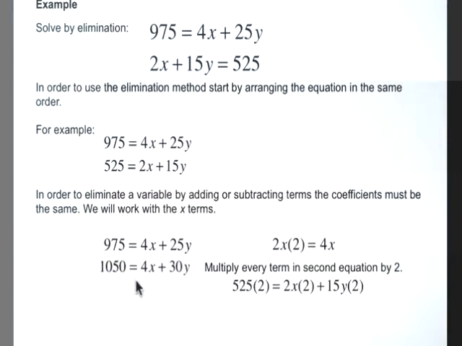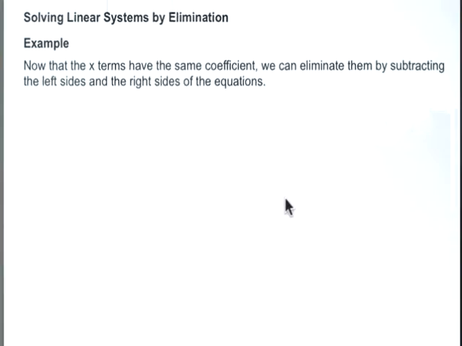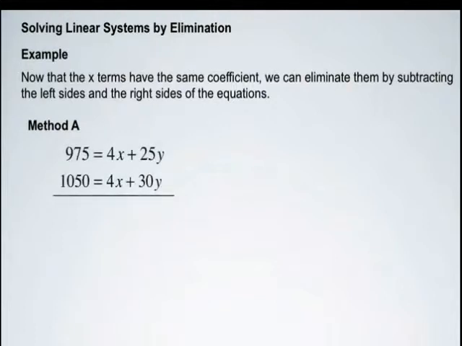So we're going to use these 2 equations in order to solve by elimination. So now that the x terms have the same coefficient, we can eliminate them by subtracting the left sides and the right sides of the equations. So we're going to look at method A, and we're going to subtract these 2 equations.